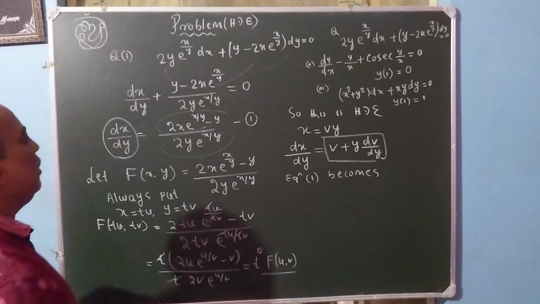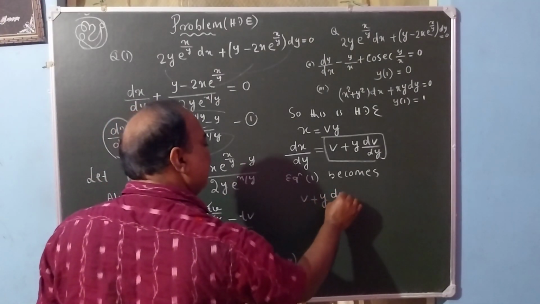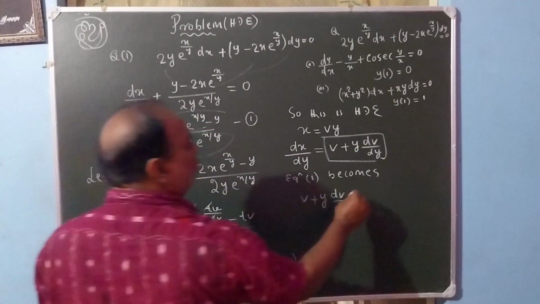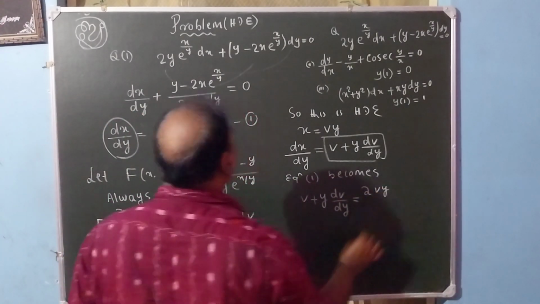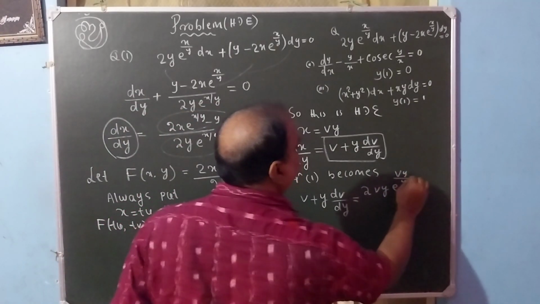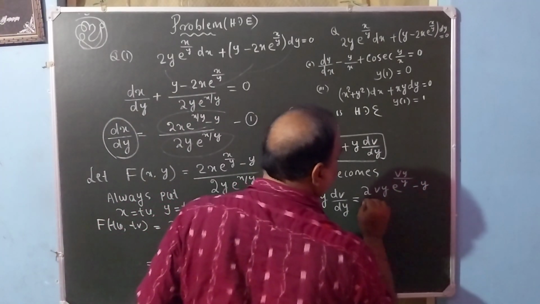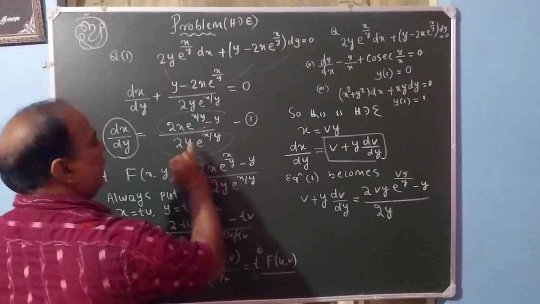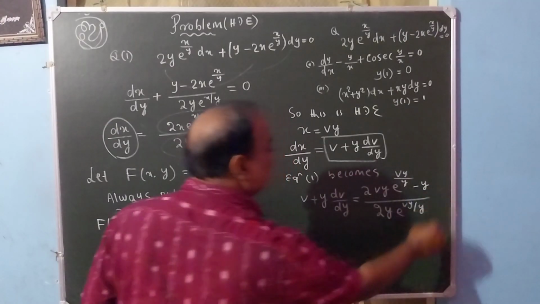So v plus y dv by dy is equal to (2vy e to the power vy by y minus y) divided by 2y e to the power vy by y.